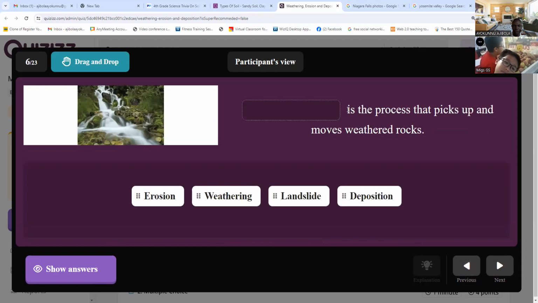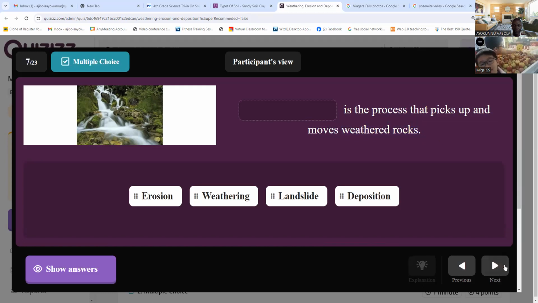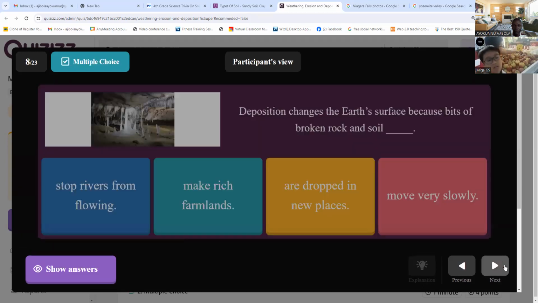Do you remember this question? What was our answer here? Erosion. If you look at the content of this question, it says picks up and moves weathered rocks. So let's now go back to the other question.